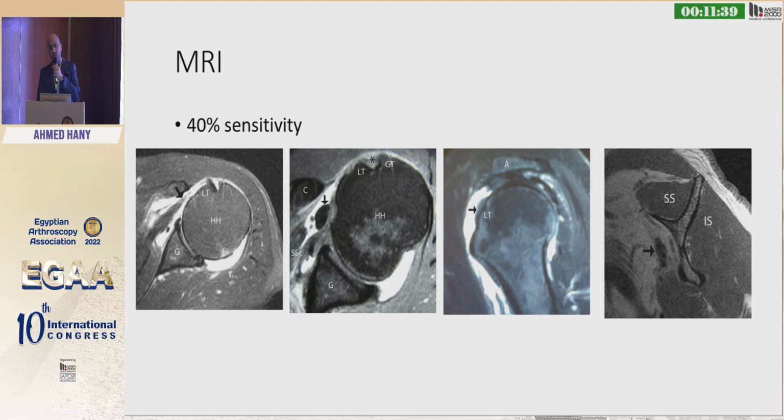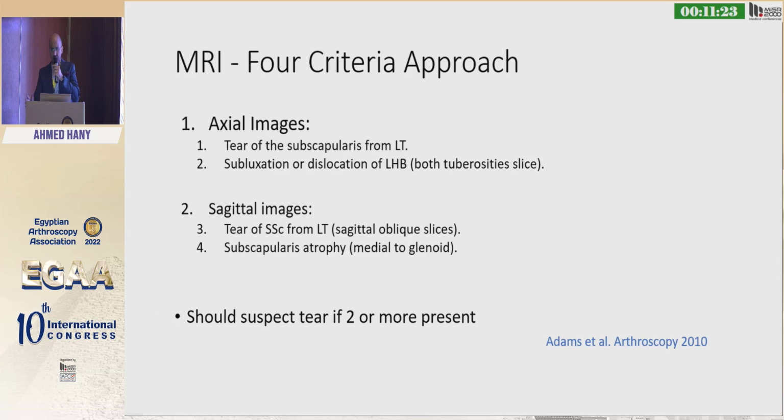With MRIs, to be honest, you can only see subscap tears if they are large tears. The smaller tears that we usually find are very difficult to detect on MRI. The sensitivity is around 40%. Dr. Adams came up with a 4 criteria approach where he looked at axial and sagittal images, and if you have 2 of the 4, then you should suspect a tear.